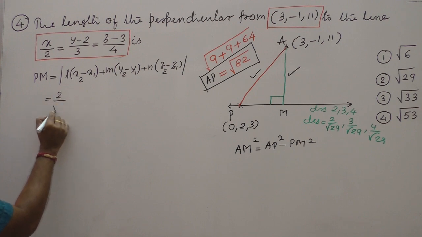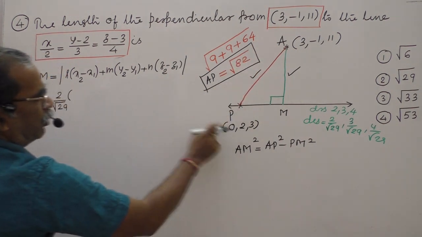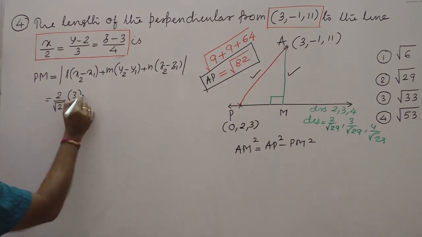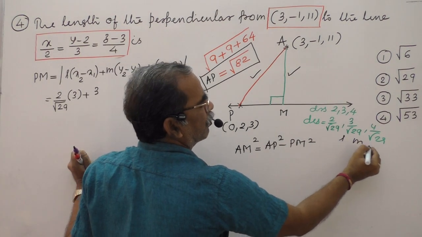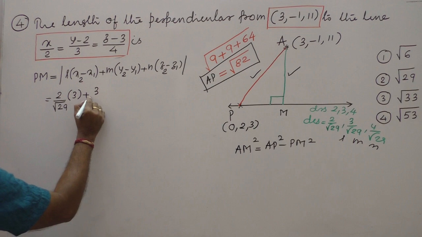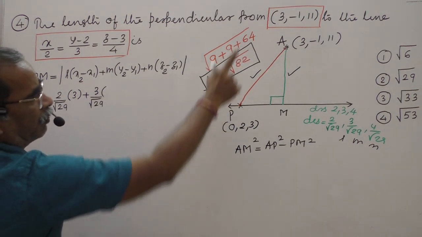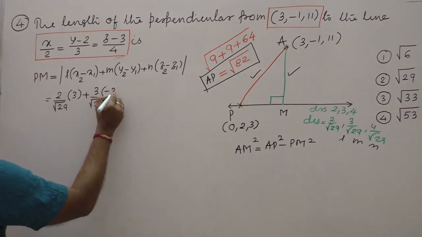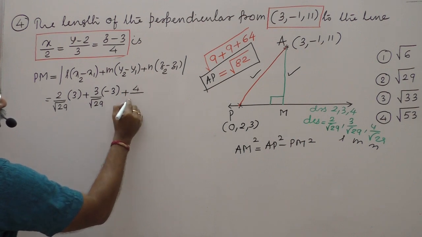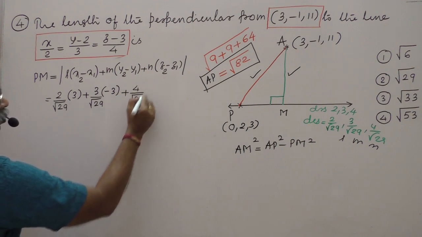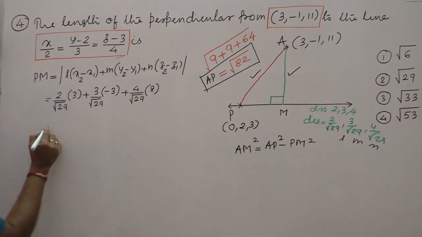Carefully, 2 divided by root 29. x2 minus x1, 3 minus 0 is 3. Next, what is m? These are l, m, n values, DCs. m is 3 divided by root 29. y2 minus y1, minus 1 minus 2 is minus 3. And n is 4 divided by root 29. z2 minus z1 is 11 minus 3, which is 8.